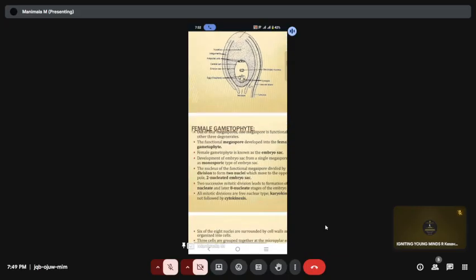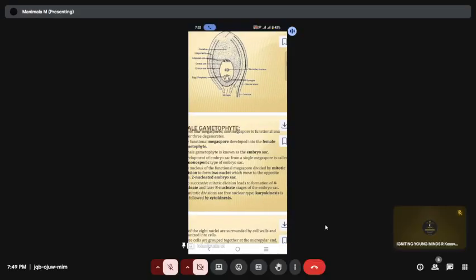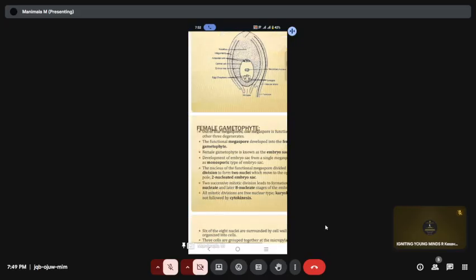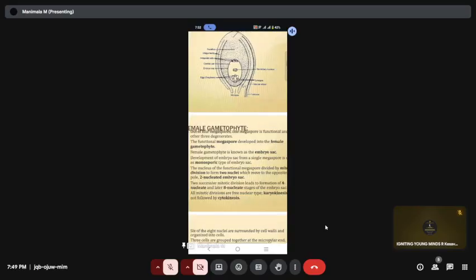The megasporangium is covered by two integuments: one is the outer integument and the other is the inner integument. The female gametophyte is also known as the embryo sac.